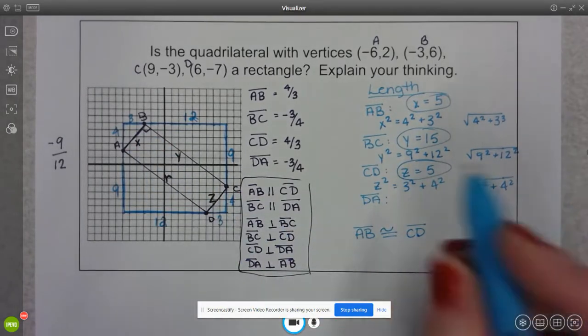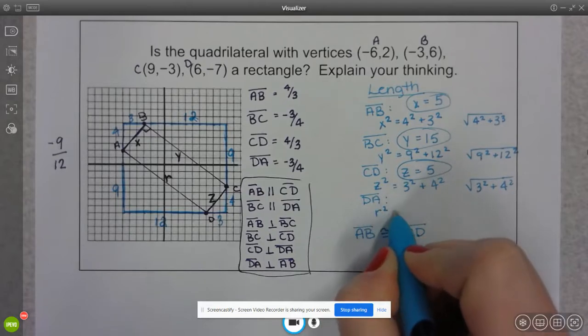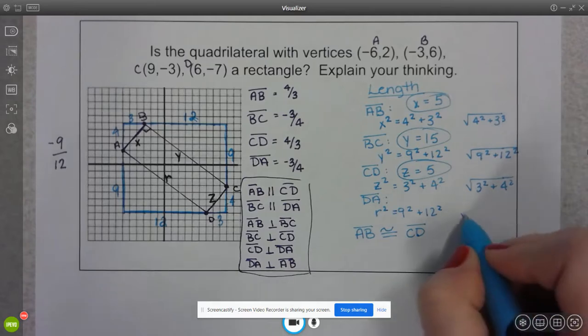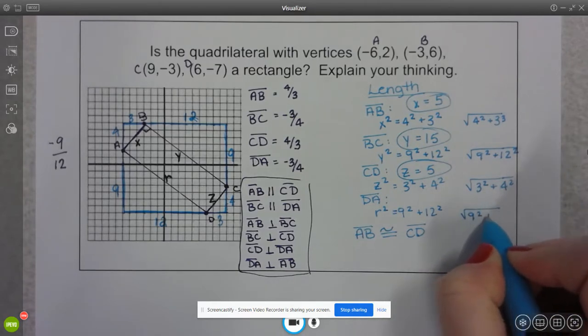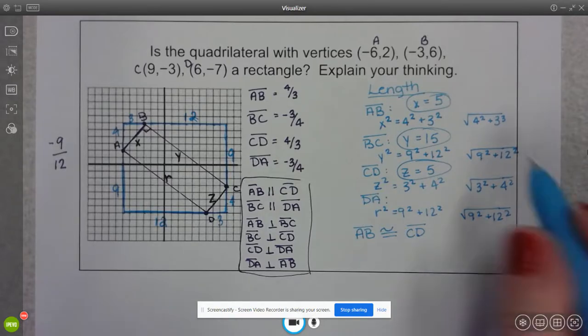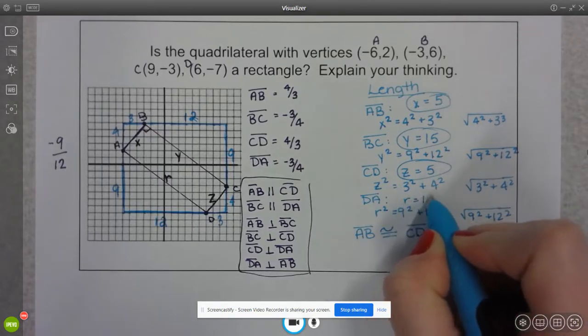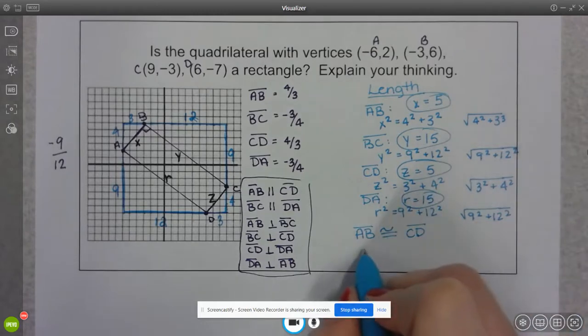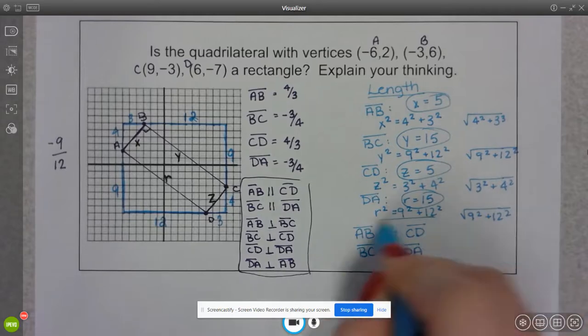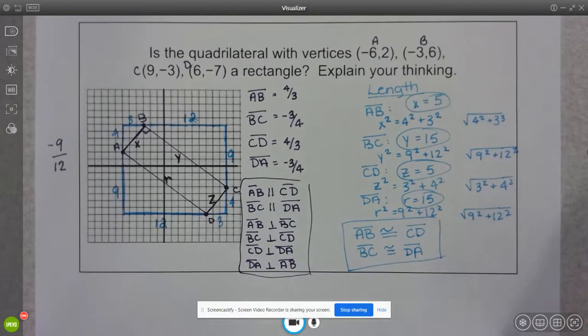We're almost done. Now I have R squared is 9 squared plus 12 squared, which is exactly what I had for BC. But again, because we are proving that this is a rectangle, now we know that line BC is congruent to line DA. And this would be the second part of my saying, yes, this is in fact a rectangle.